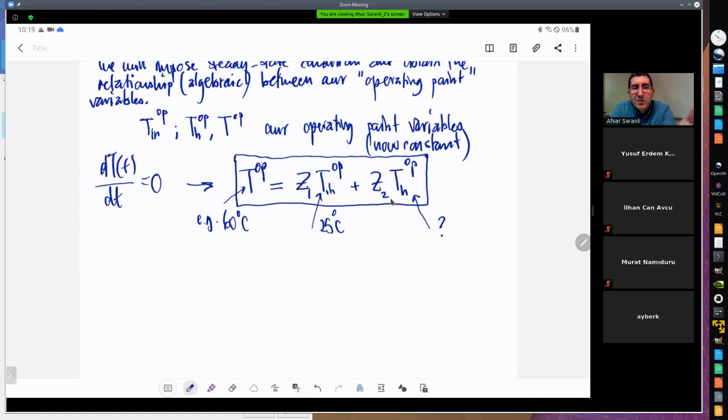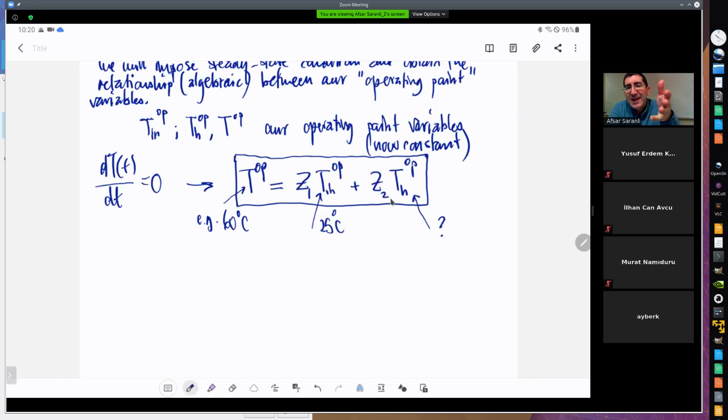Similarly, TOP might be determined by the requirement for the outflowing liquid. Let's say you're heating a building and you want to heat the radiators in the building, and you have a setting on the radiators that defines whether this is 60 degrees or 50 degrees. And then, depending on those two quantities, you can define what your heater should be operating at. Does that make sense? Yes. Okay. Any other questions?